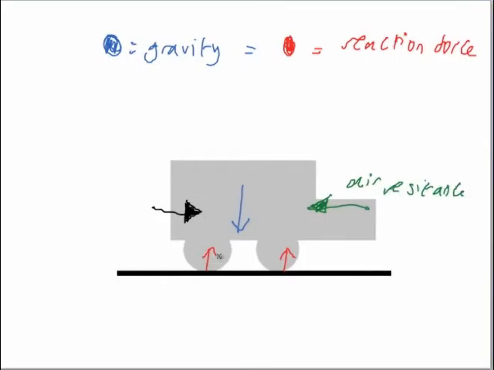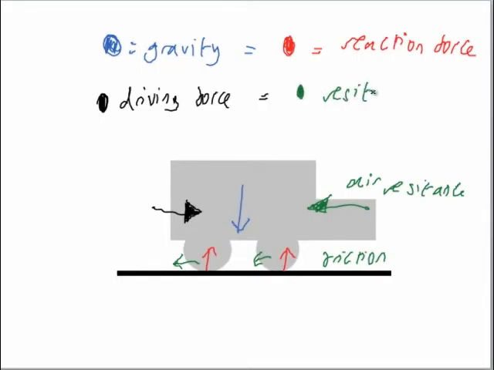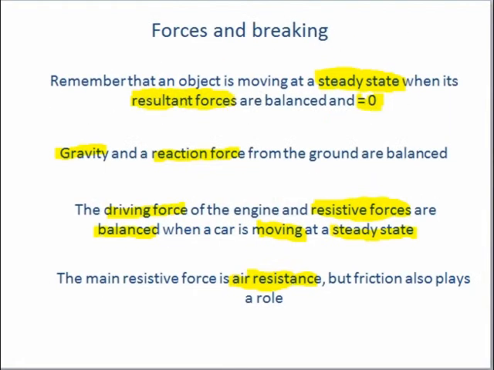And also friction from the wheels. So when a car is at a steady state, the driving force equals the resistive force. So all the forces are balanced, and that is why the resultant forces equal zero.